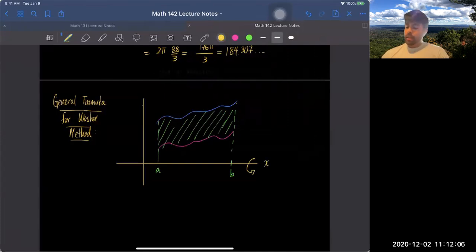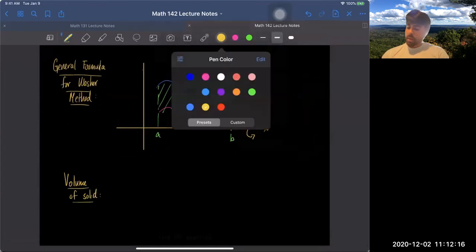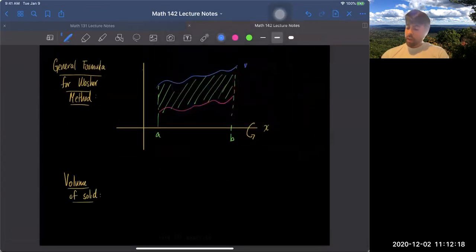So the idea is that I can find the volume of the solid, and let me call this y equals f of x and y equals g of x.